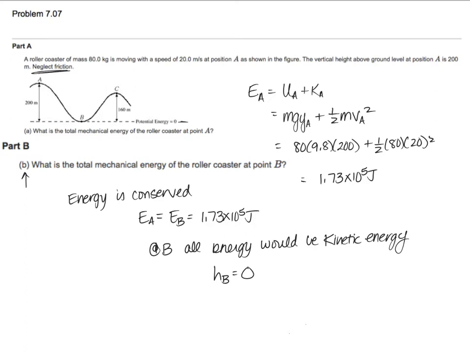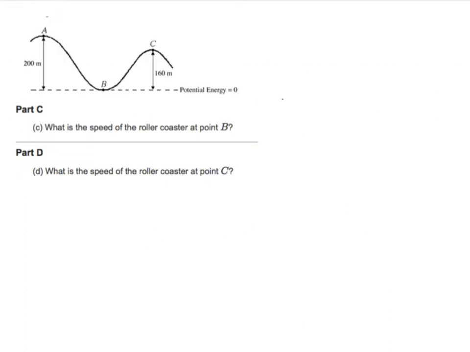All right, so let's continue the problem. Now it wants to know what the speed of the roller coaster is at point B. So we can say the energy at B, which was 1.73 times 10 to the 5th joules, is equal to, all its energy was kinetic at that location, so we just set that equal to 1/2 mv squared.